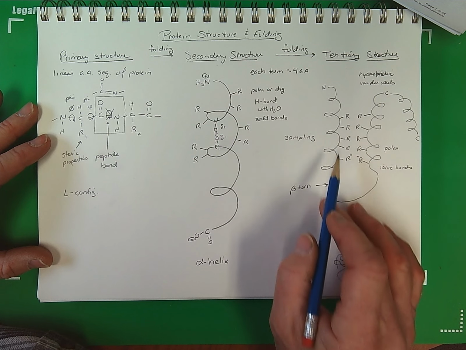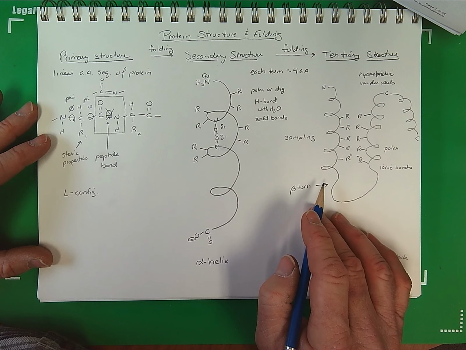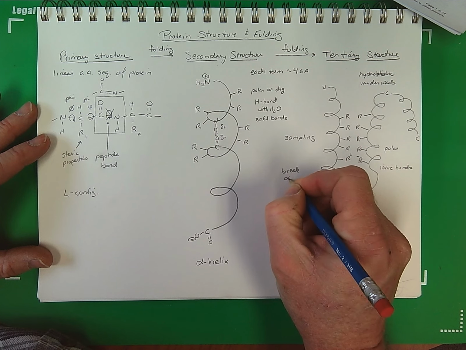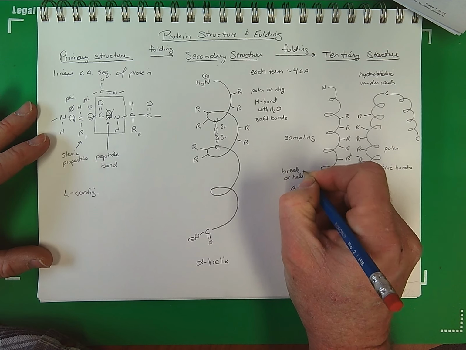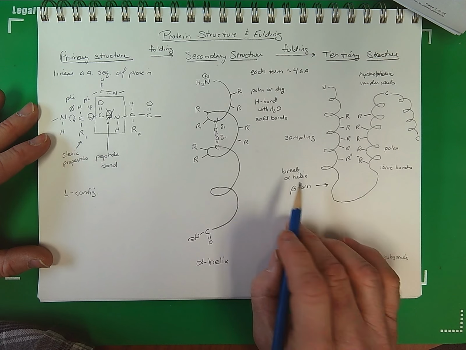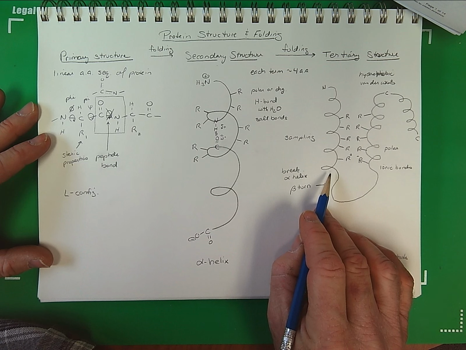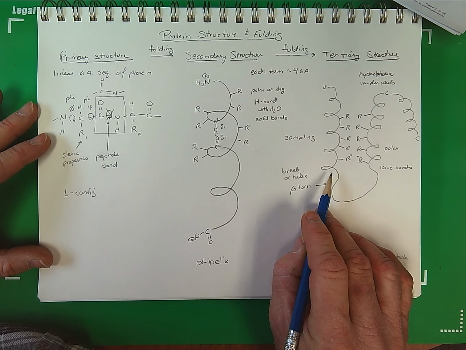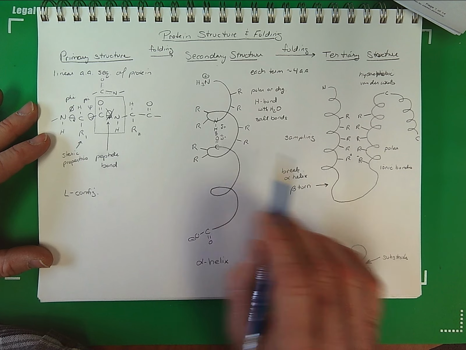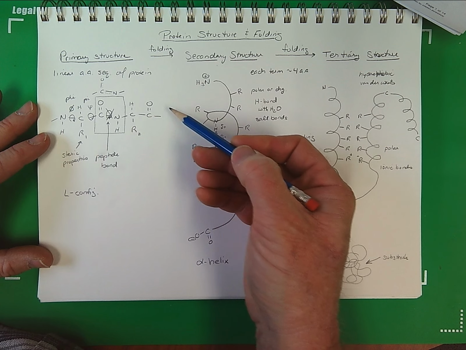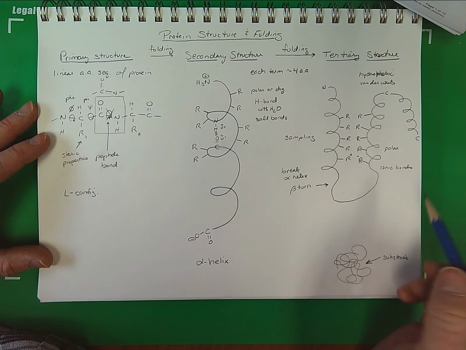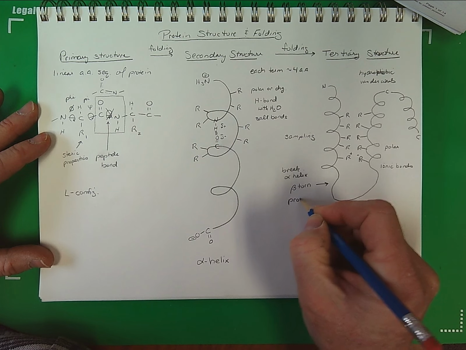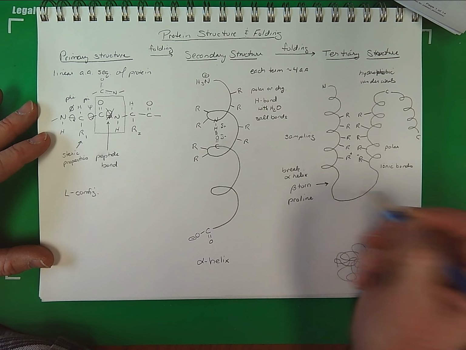So periodically we need to break the alpha helix. Now we're not talking about breaking covalent chemical bonds. What we are doing is interrupting this sequence of turning of the primary structure into secondary. And the primary way to do that is to introduce the amino acid proline.